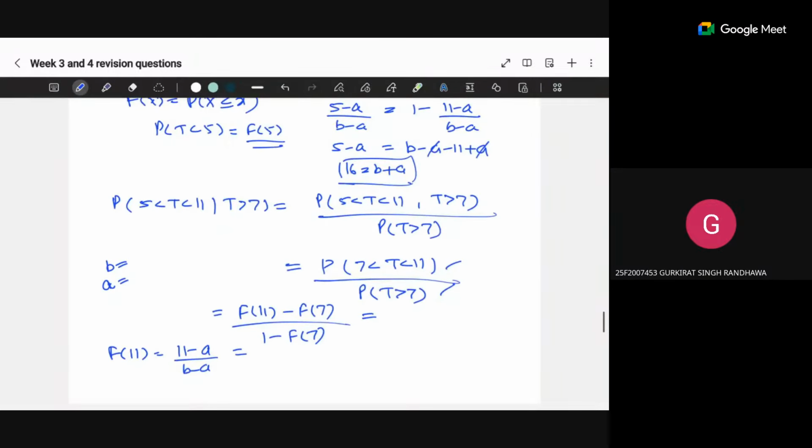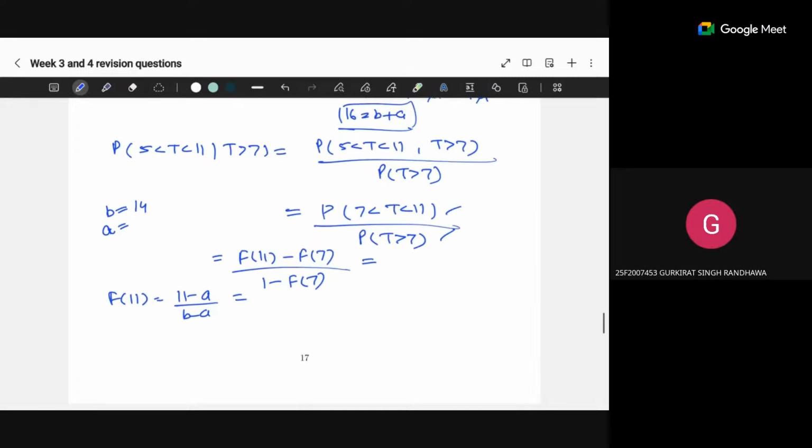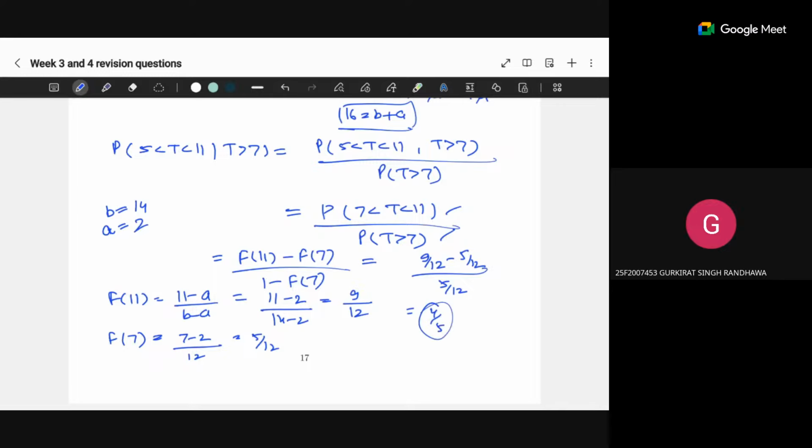So what is a? a is 2. So solve 11 minus 2 upon 14 minus 2. This is 9 by 12. Now F of 7 is 7 minus 2 divided by 12, which is 5 by 12. Putting these values, it is 9 by 12 minus 5 by 12, divided by 1 minus 5 by 12. So 12 gets cancelled, giving 4 by 7.